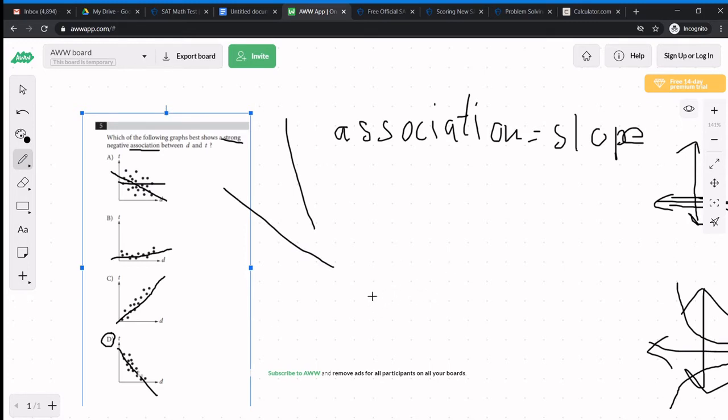A strong positive association, a 3 is weaker than a 5. It's just how steep it is. The steeper, the stronger, for association. And then for exponential functions, it is just growth and decay.